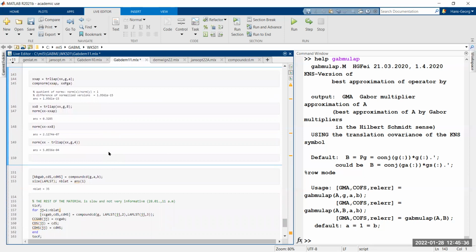That if you have these Gabor multipliers, the question of approximating a Gabor multiplier in the Frobenius norm sense, or as a Hilbert-Schmidt operator, is the same as doing, sorry, an L2 approximation of the Kohn-Nirenberg symbol of the operator by the shifted versions of the Kohn-Nirenberg symbols of these atoms.